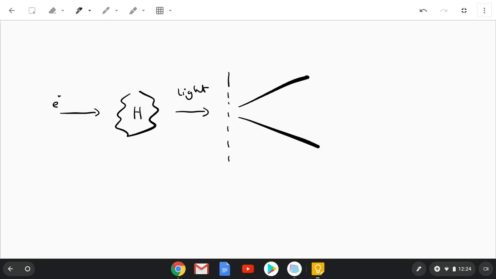The light then diffracts outwards, and on a screen, observing this diffracted light, we will see the n equals 0 order, the n equals 1 order, the n equals 2 order, and so on, depending on the incoming wavelength.